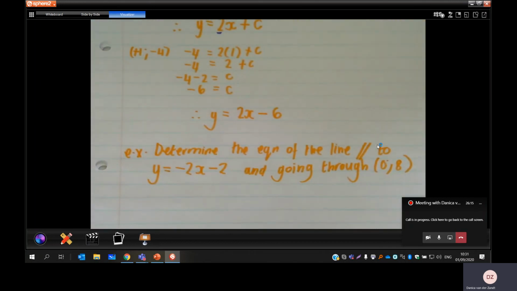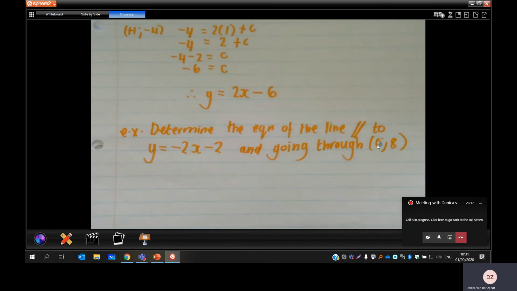So exercise, so you're doing it by yourself. Determine the equation of the line parallel to y equals negative 2x minus 2, and going through the points 0 for x, 8 for y.